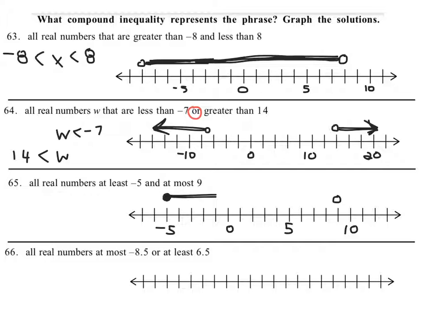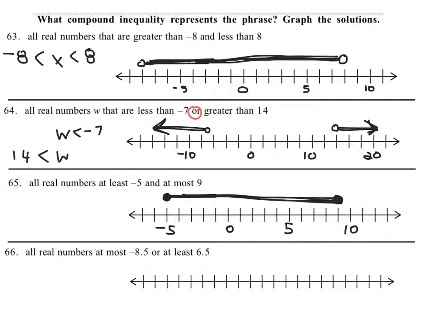So we go this way. Okay, now let's go to the endpoint at 9. At most 9. Can you be 9? Yeah, that's just the most you can be. But you can be that. So we fill it in. Okay, and since that's the most we can be, we can't have any numbers bigger than that, but we can have numbers less than that. And so we have this shaded area in between with those endpoints filled in.